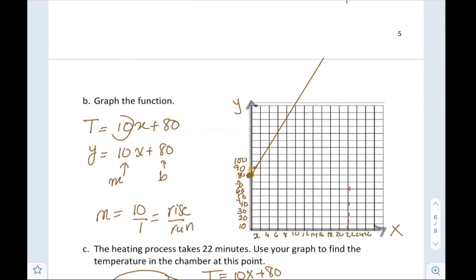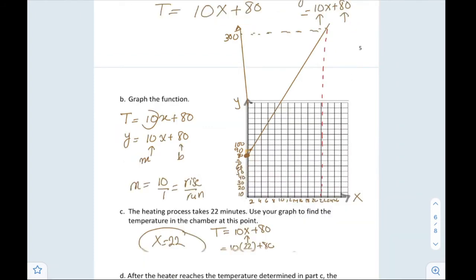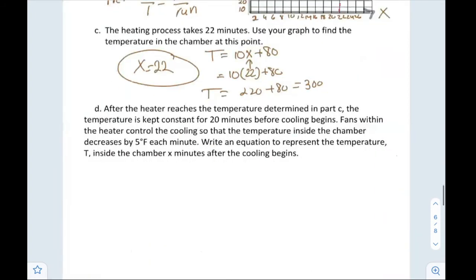You go to 22 and go up until you meet this line. And you will check the Y value corresponding to this line. If you extend your Y axis, and you were as accurate as we should be, this will reach 300. You try it and check.